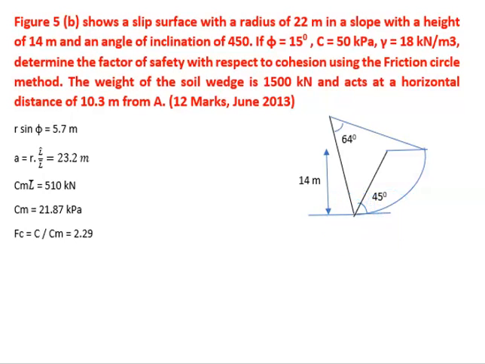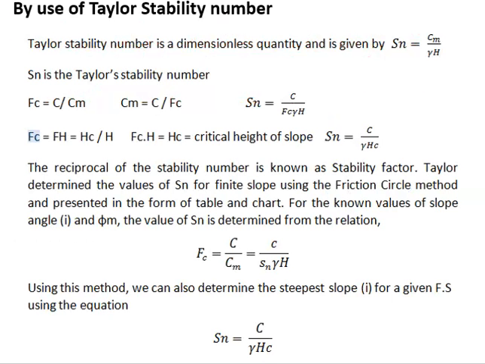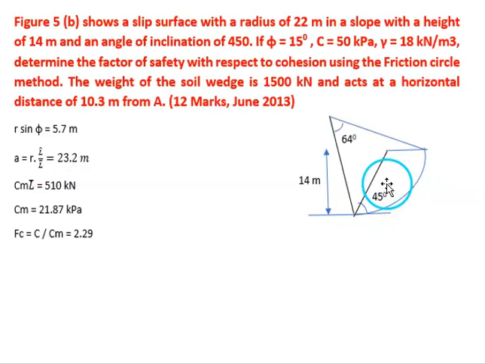So here also we should do the same graphical construction. First we have to draw the slope to some scale, and then we have to locate the center of slip circle using the data given in the diagram, and then we have to draw the sliding soil mass. So after that we have to draw the friction circle, then total cohesive force, then we have to construct the force triangle.